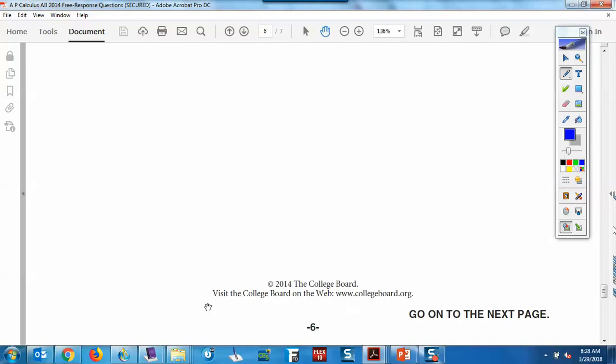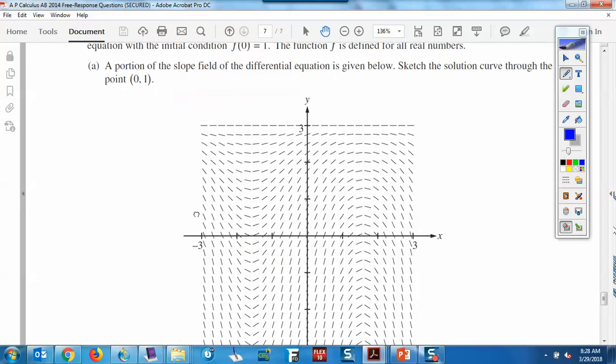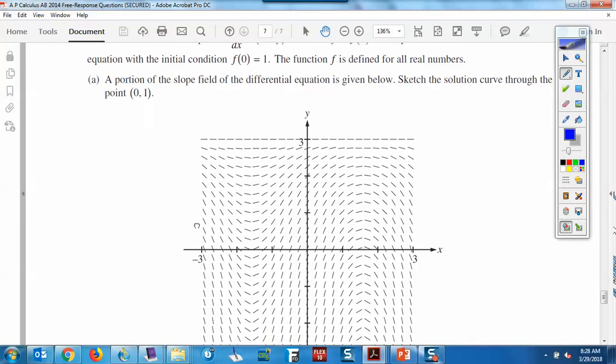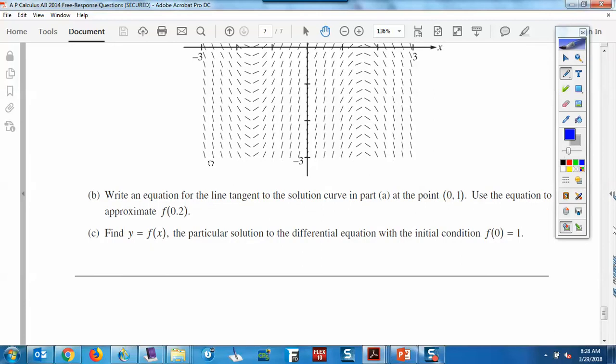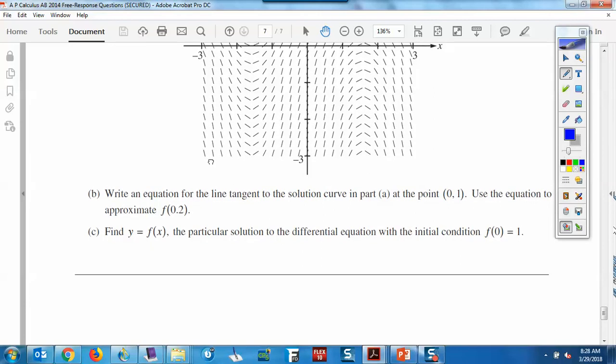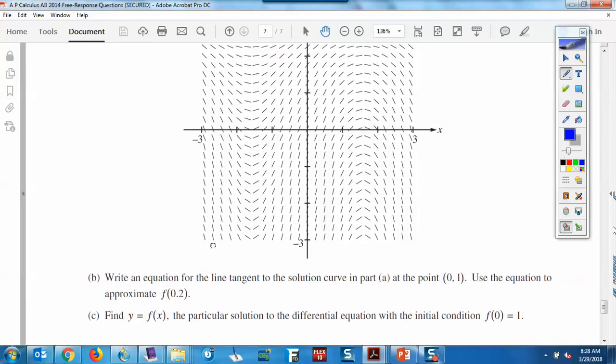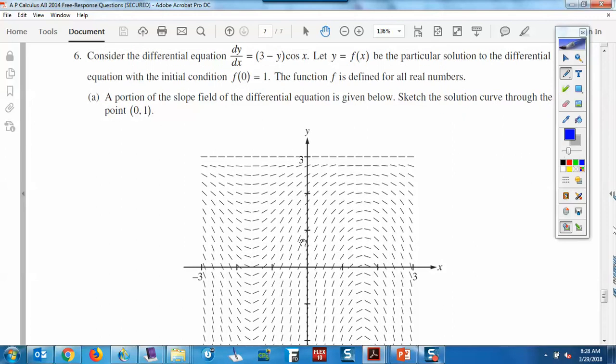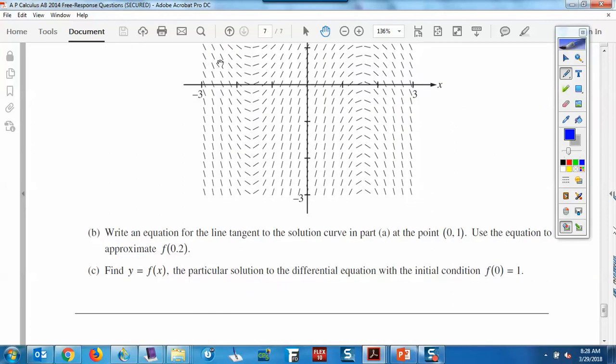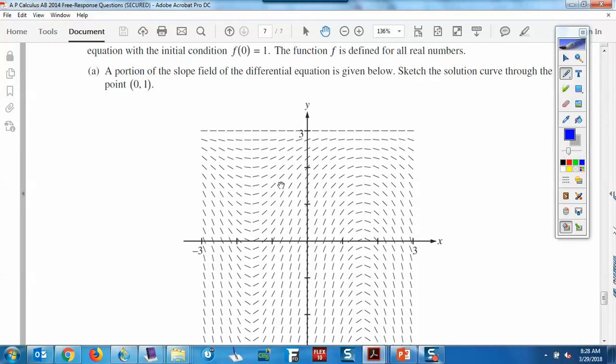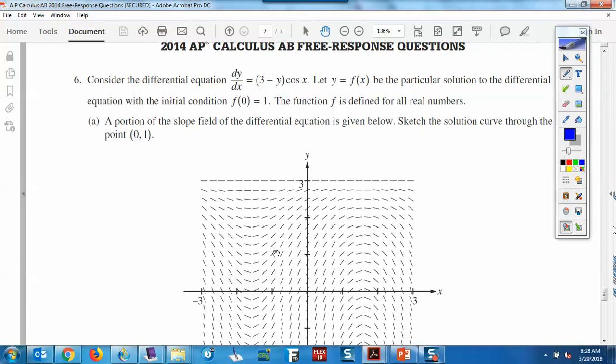And let's see, we said we could not do part C on 6, right? Here all you have to do is sketch in your little curve and then find the slope, and they give you a point and they want the tangent line. All you have to do is find the slope by plugging into the differential equation.